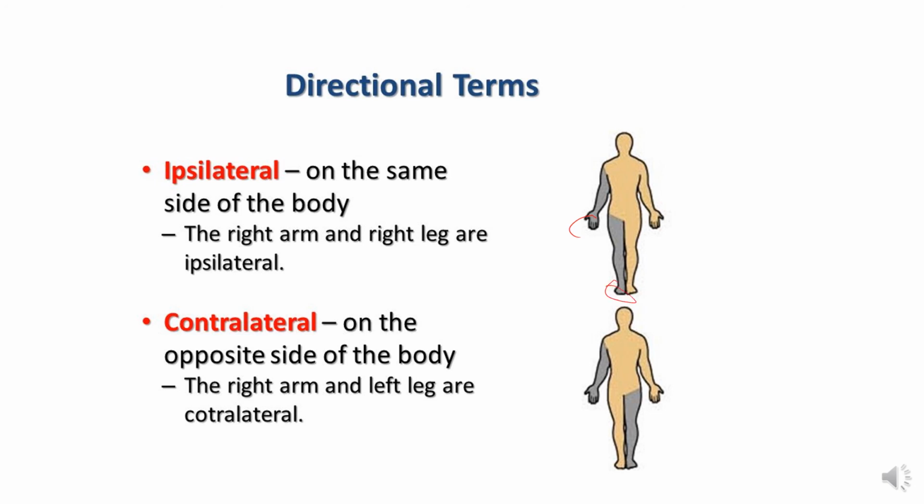While contralateral implies a structure occurring on the opposite side of the body with reference to another structure. That is, the right foot is contralateral to the left foot, or the right hand is contralateral to the left foot. Right arm and left leg are contralateral.